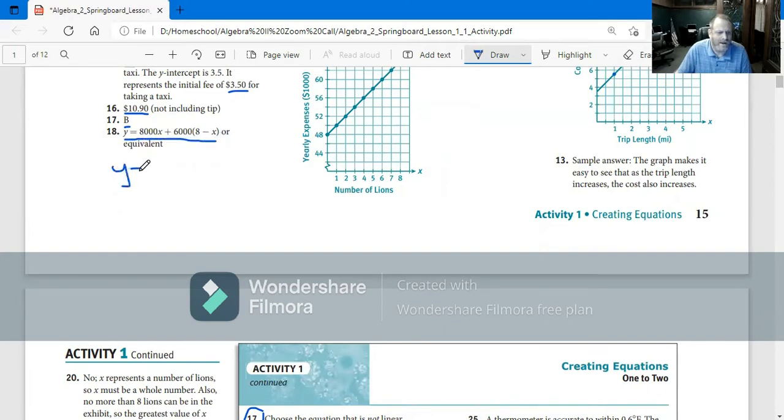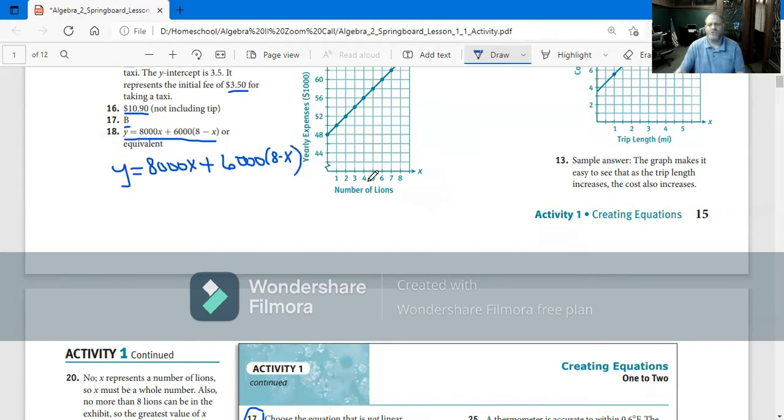Okay, y equals the 8,000 for the lions, per year, plus the 6,000, and then the 8 minus the x. Sorry, I said x minus 8, but it's 8 minus the x.